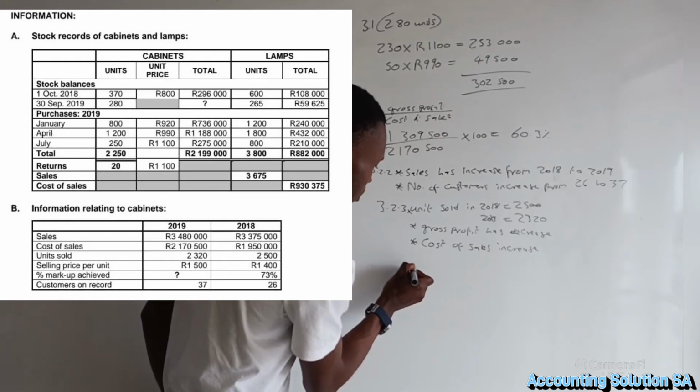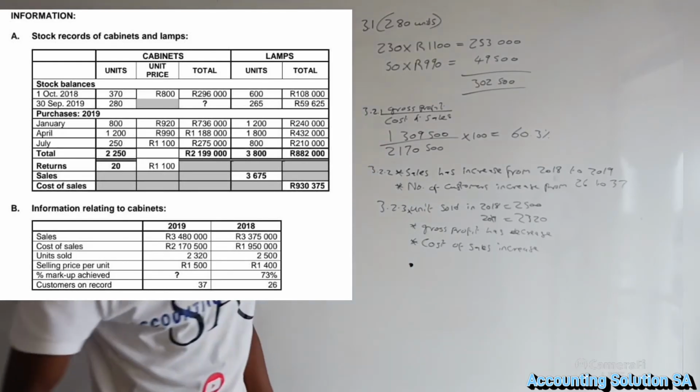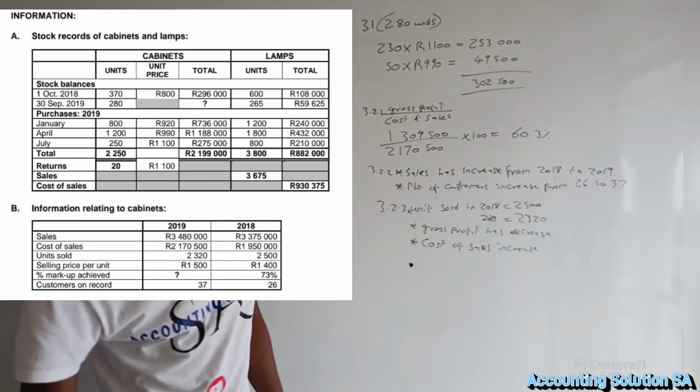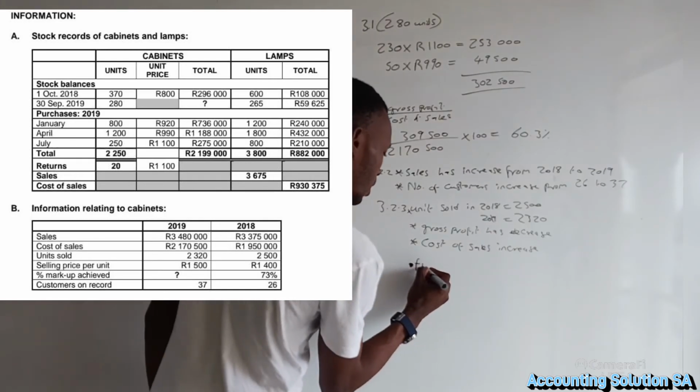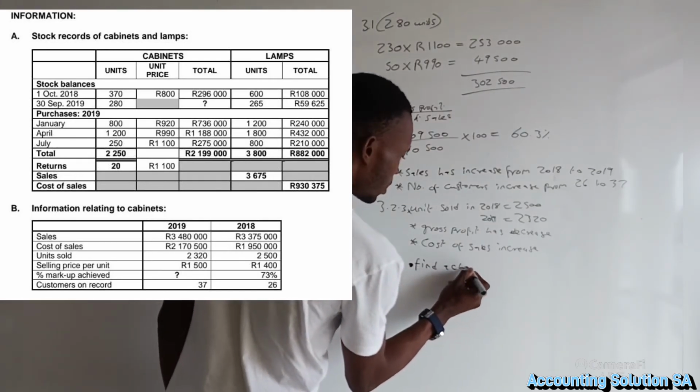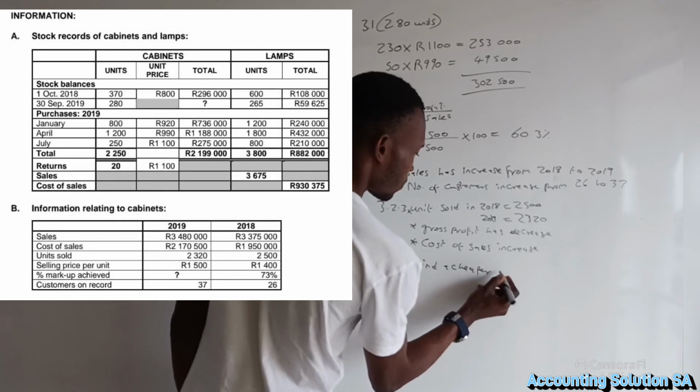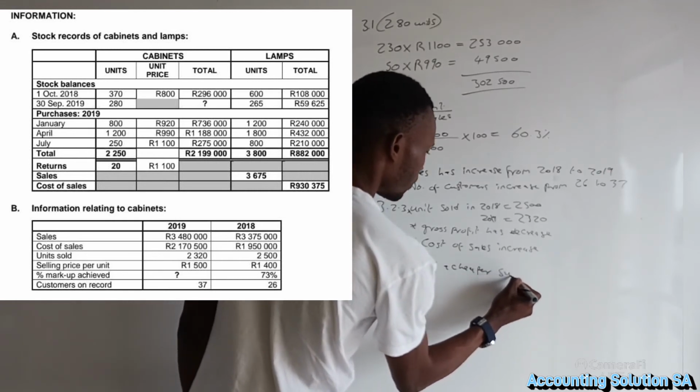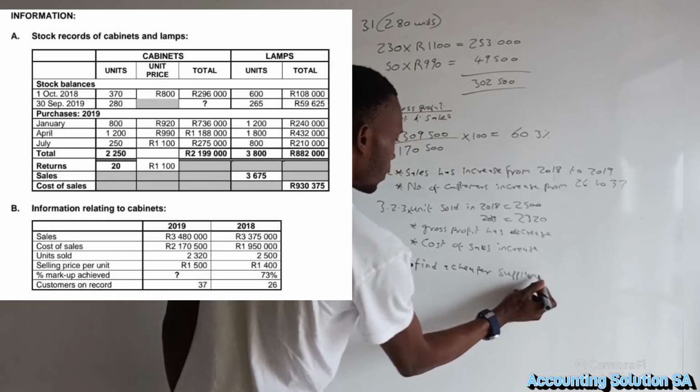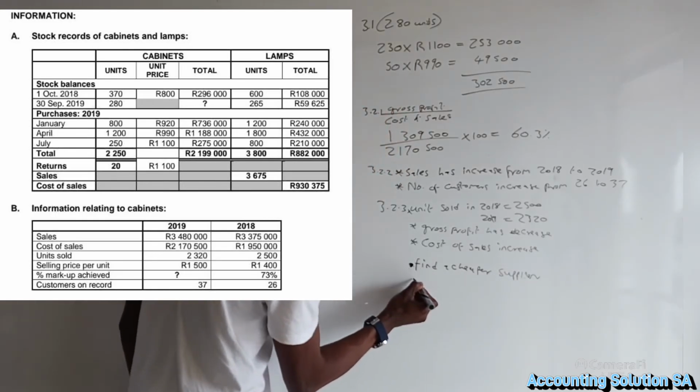It was still under 3.2, but another question. Number 1, guys, what you can do is find a cheaper supplier. If we find a cheaper supplier, of course, our cost of sales will go down. Cheaper supplier, and let's give the last one.